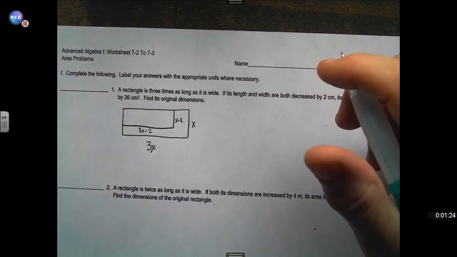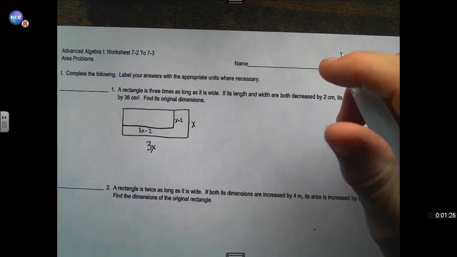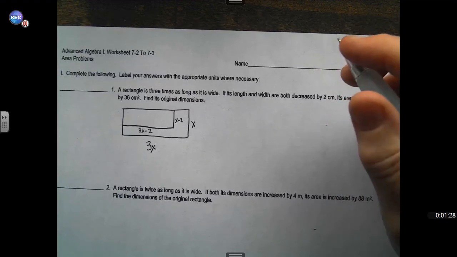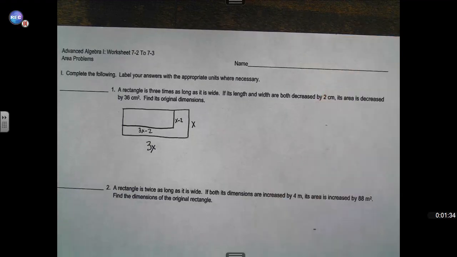And there's a number of ways I could set up this problem. I could take the area of the whole great big rectangle and subtract the area of the new rectangle, and that difference would be 36, because that's how much the area is decreased. I could take the area of the big rectangle and subtract 36, and it would equal the area of the smaller rectangle.